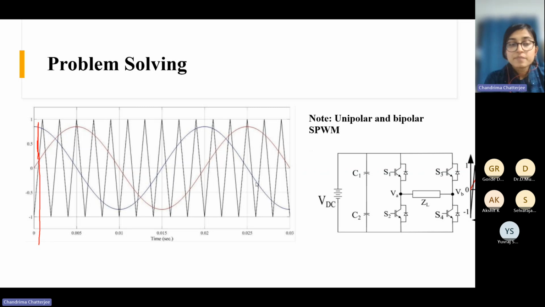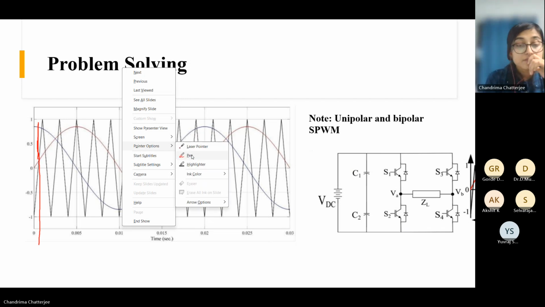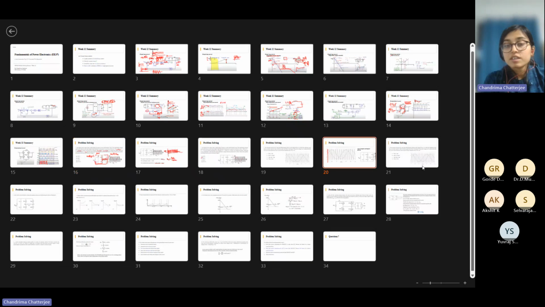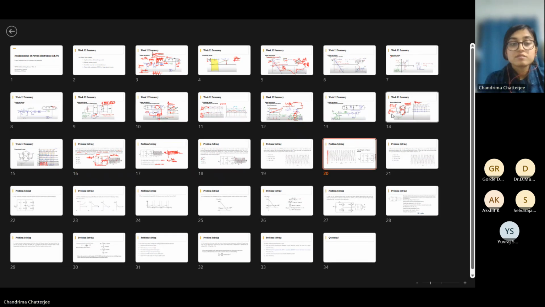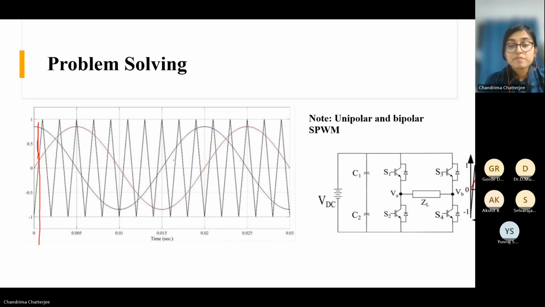You see during this interval, both S1 and S3 are on.